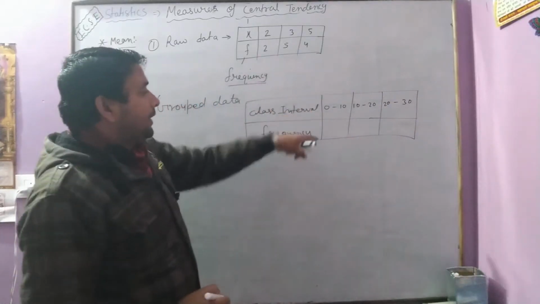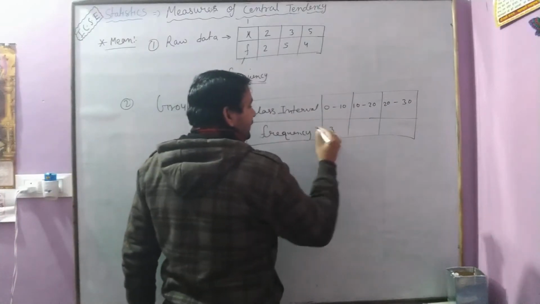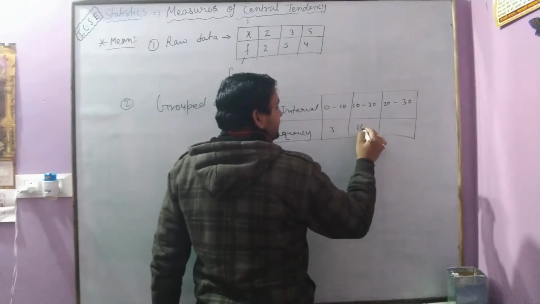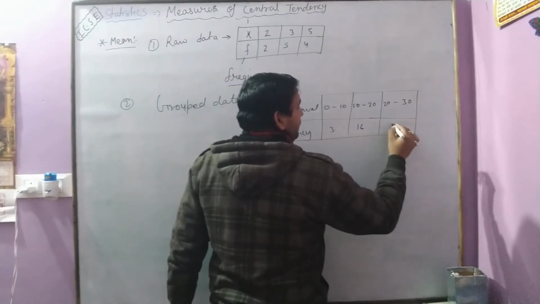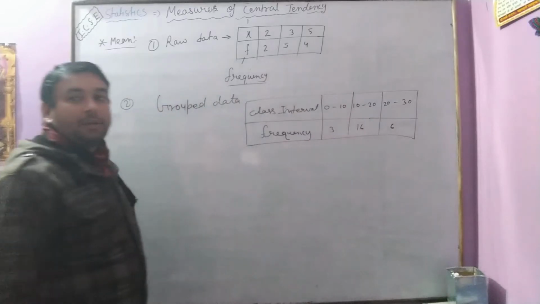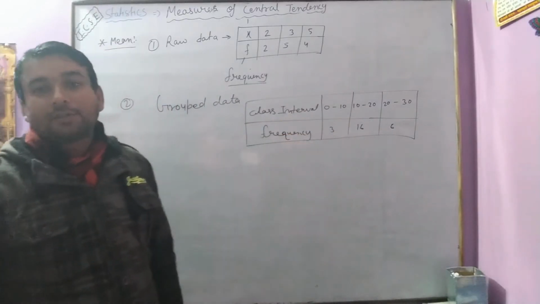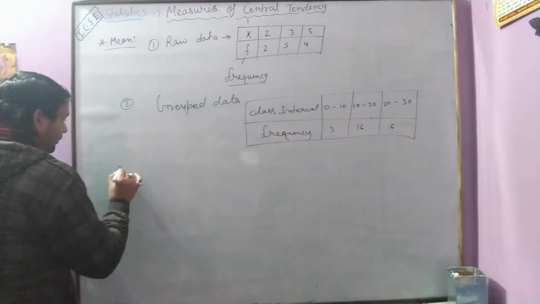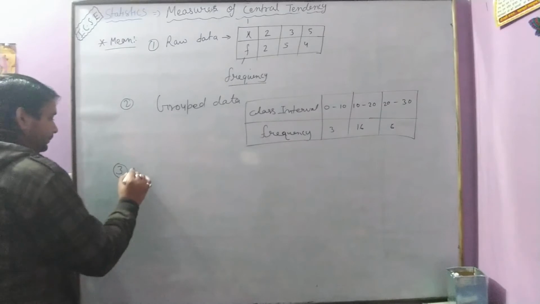The frequency of data from 0 to 10 is 3, 10 to 20 is 16 and the last is 6. So this kind of data is known as grouped data, and another way of denoting data is ungrouped data.